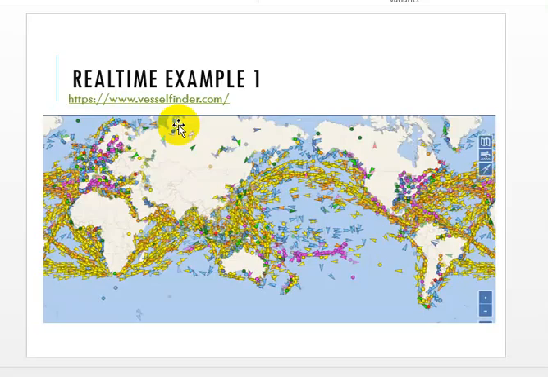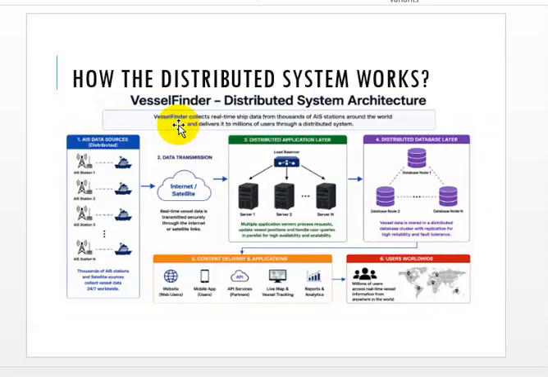Each arrow mark shows an individual system. Everything is collected by one website and processed, so one system can view many computers working in a single window. This is how a distributed system works in the vessel finder website.